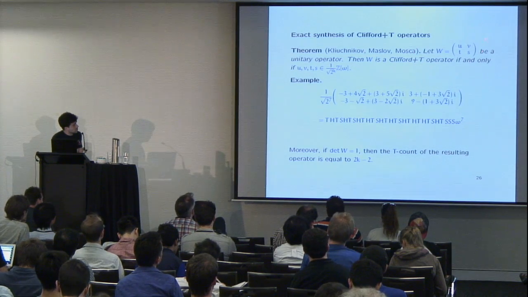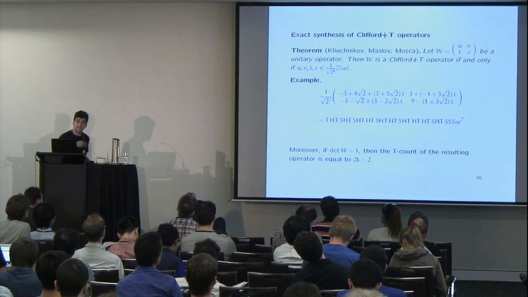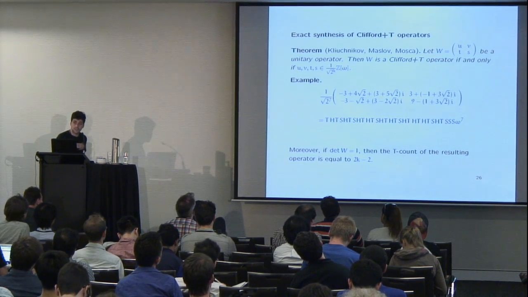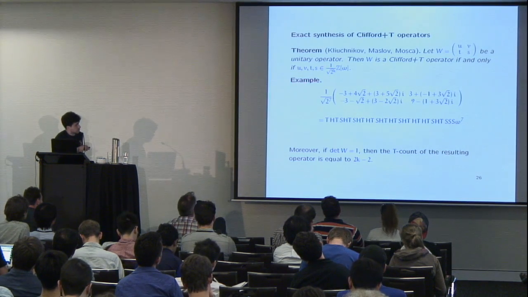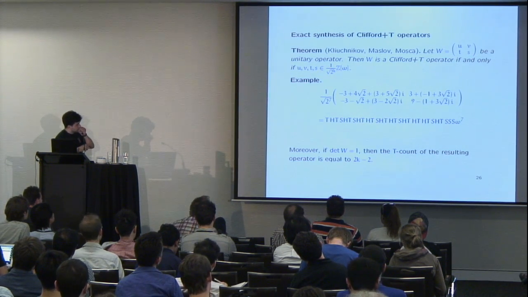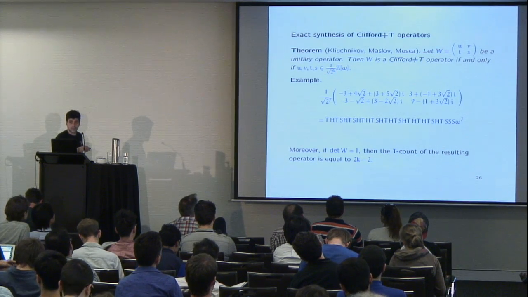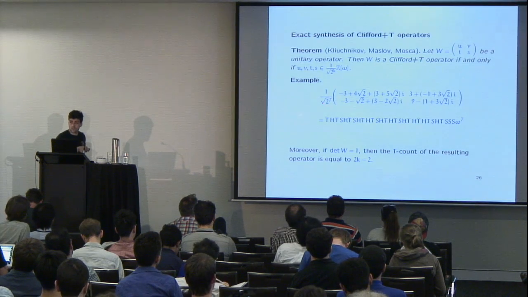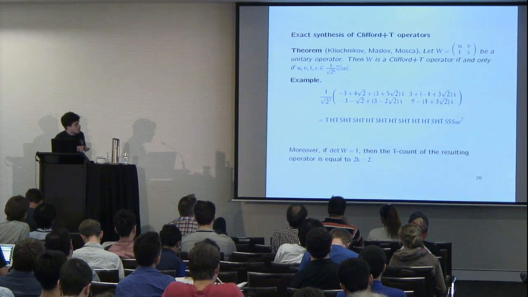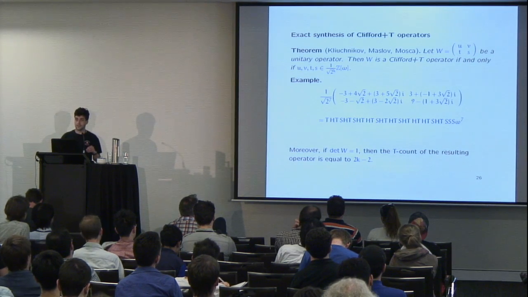Their characterization is the following. If you have an operator like this W that's unitary, then it sits inside Clifford+T if and only if its entries are of this form. This means essentially that you can write your operator as some power of 1 over square root of 2 followed by a matrix with entries in Z[omega].